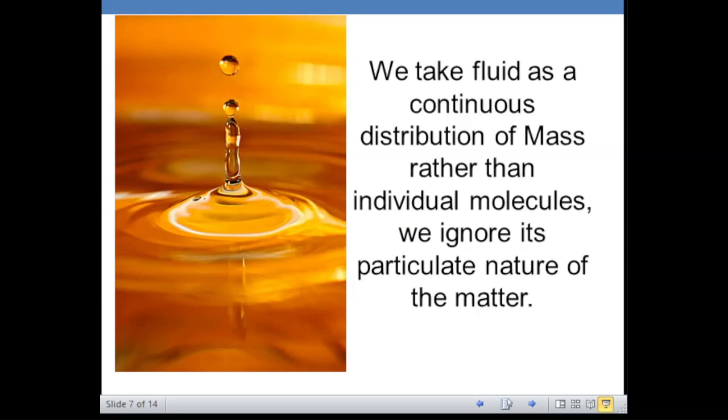So because of this, we take fluid as a continuous distribution of mass rather than individual molecules. That is why in fluid as a continuum, we ignore the particulate nature of the material.